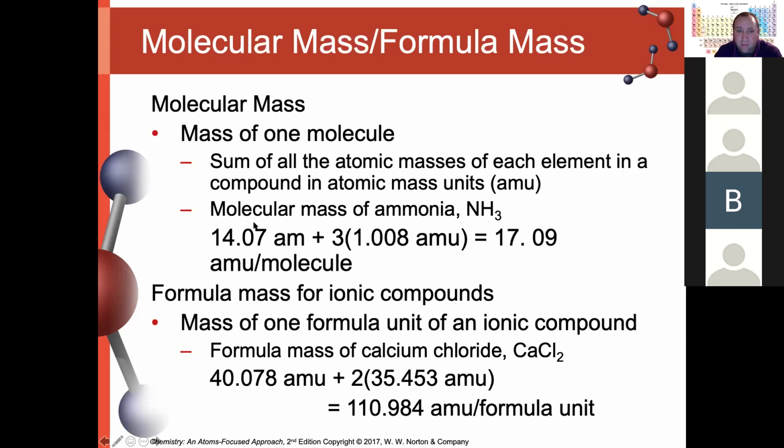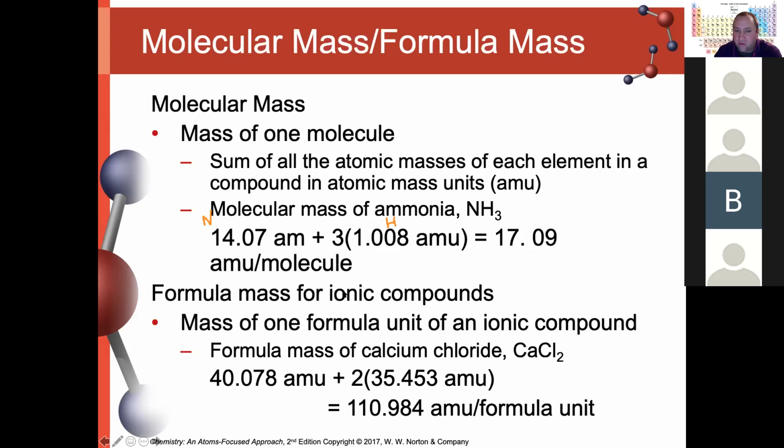So if I take the mass of the nitrogen atom, which is this 14.07, and I take the mass of 3 hydrogen atoms, each one being 1.008, then the end result is I get these together, and the overall mass of the molecule would be 17.09 AMUs.